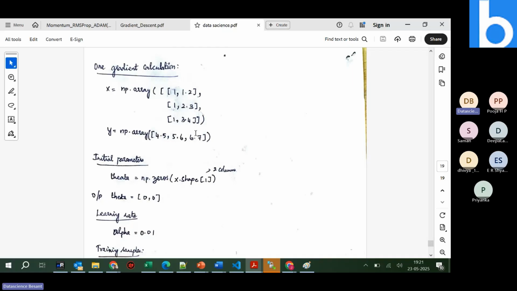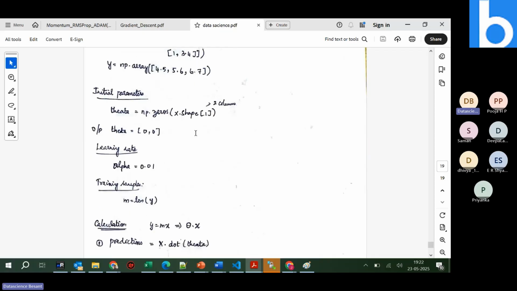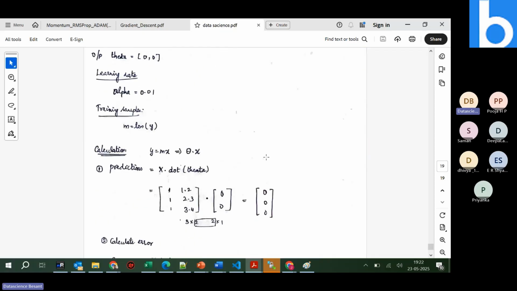Means there is some relationship between the independent variable and the dependent variable. When it is 1.2, it is 4.5. But your algorithm is predicting 0, 0, 0. So then we are having too much deviation, right, guys? Correct? Yes, sir.